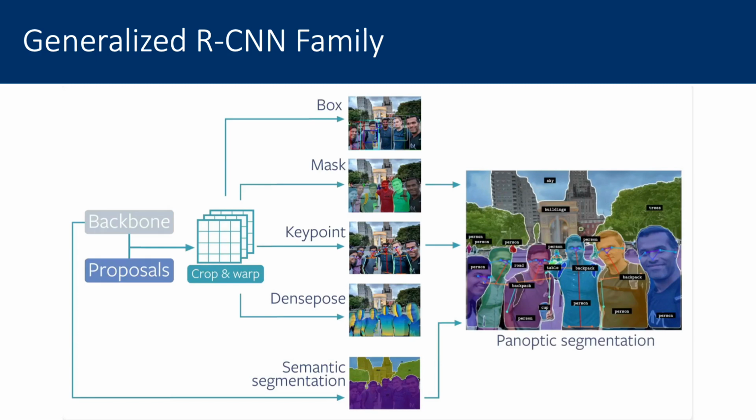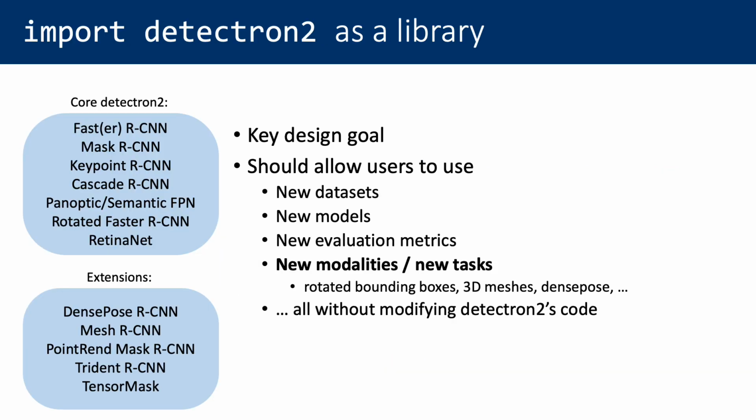An R-CNN model can be easily extended with more prediction heads that use image-level or region-level features to make different types of predictions. How do we manage all these models? In fact, many of the models are not actually included inside Detectron2, but as extensions which use Detectron2 as a library dependency. One important goal when we build Detectron2 is to allow it to be used as a library.